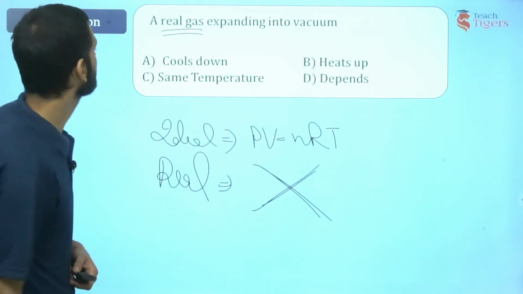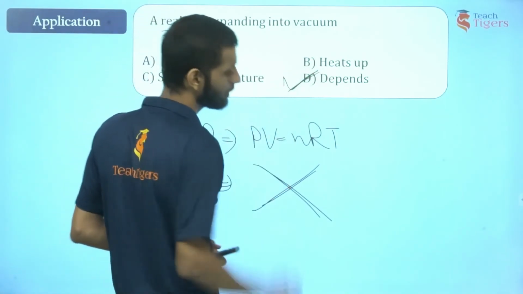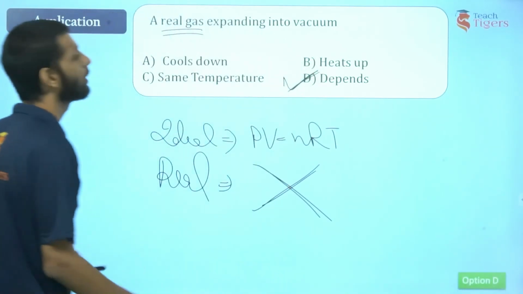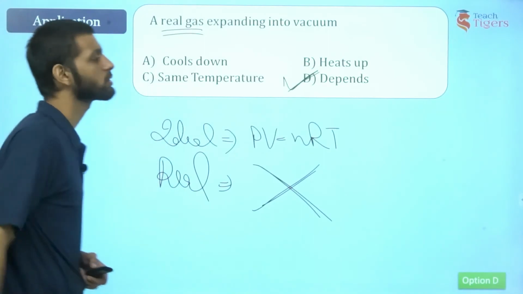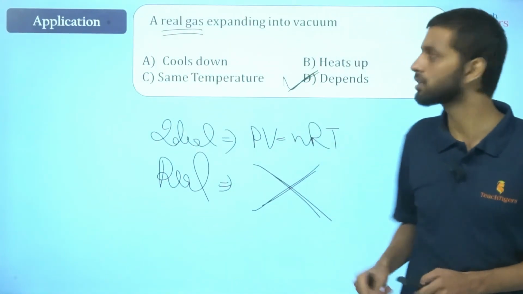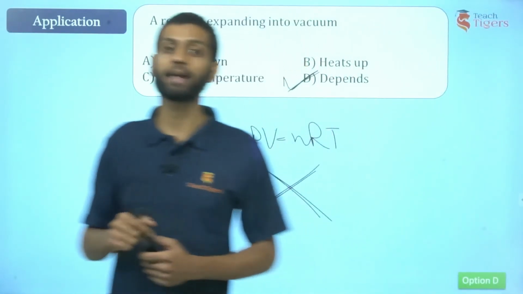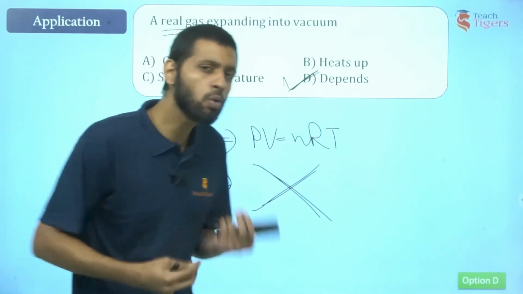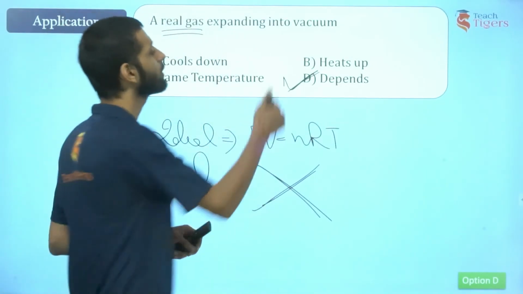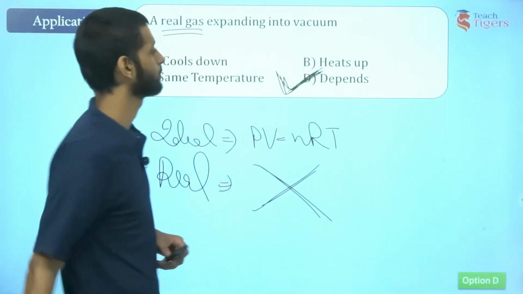The answer is it depends on something. Mostly it will cool down. You need very specific conditions for a gas to heat up as it expands into vacuum. Mostly gases will cool down as they expand into vacuum, but to be very accurate, it depends.